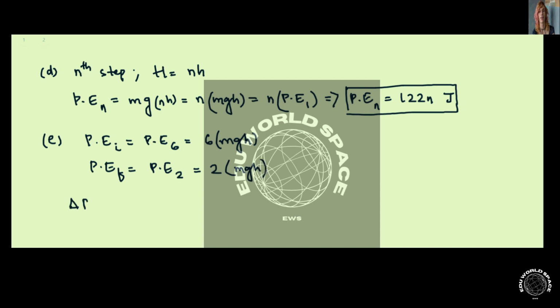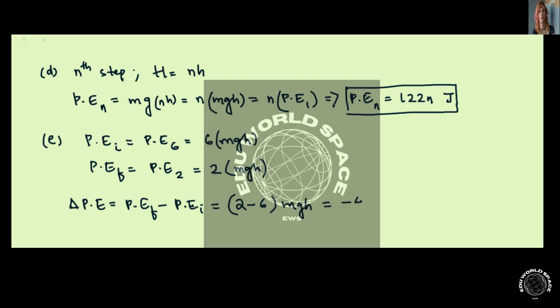So the change in potential energy will be final potential energy minus initial potential energy. So it will be 2 minus 6 times mgh, we can factor out mgh.